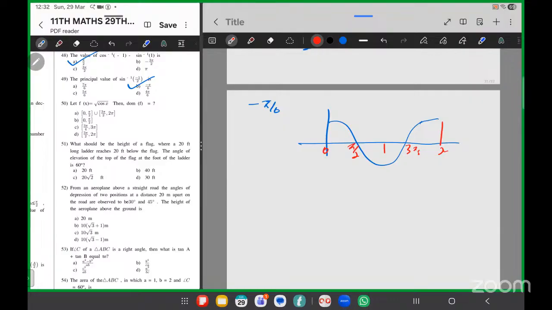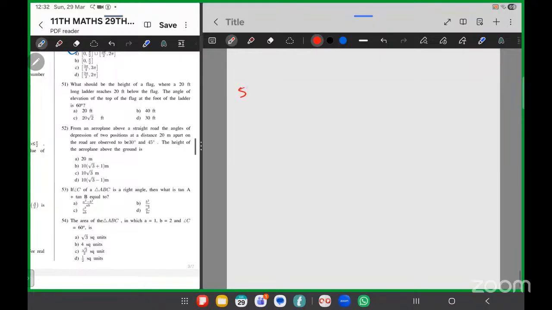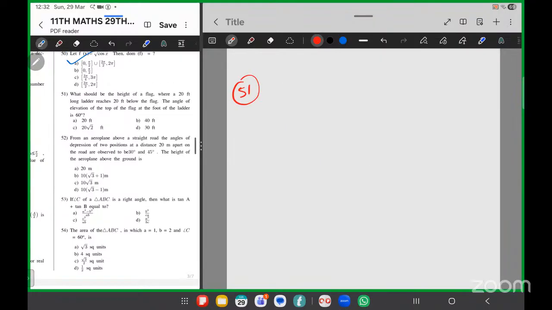Number 51. What should be the height of the flag where a 20 feet long ladder reaches 20 feet below the flag?